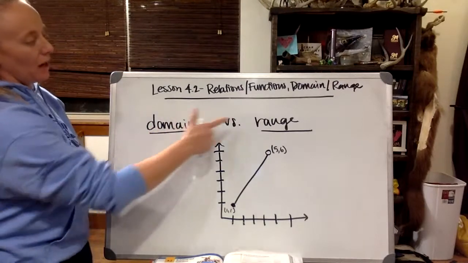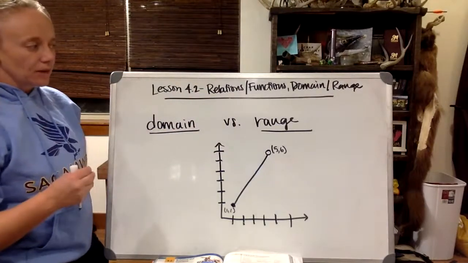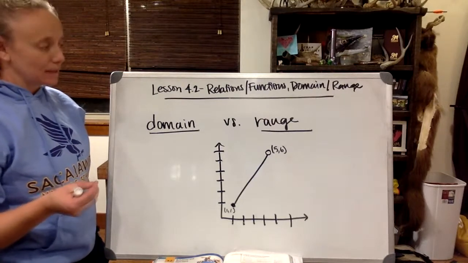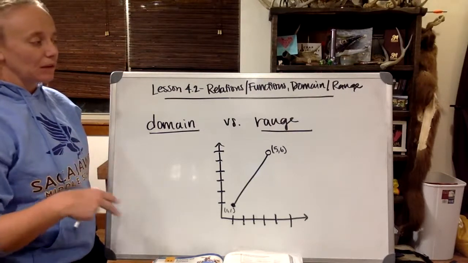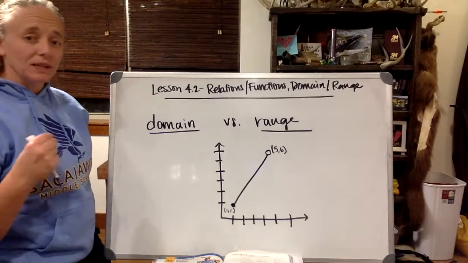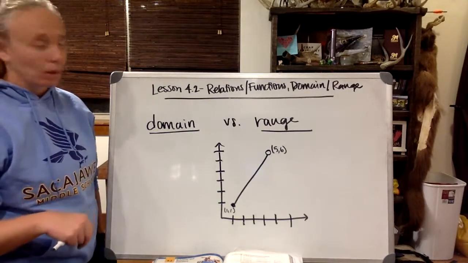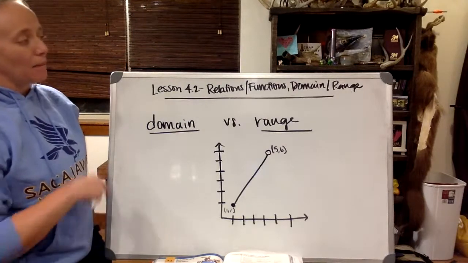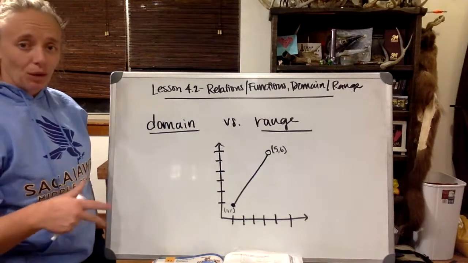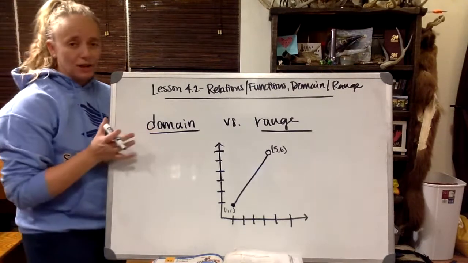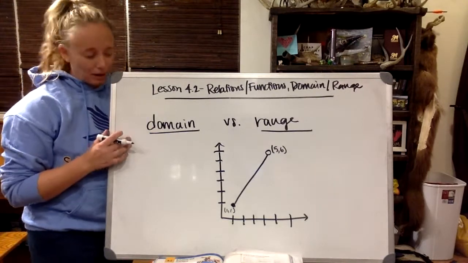So, domain versus range. These are very specific words that we use specifically with functions typically, but you'll get used to me asking you questions like, what is the range of this function? Or what is the range of this equation? What is the domain of this equation? On a very regular basis throughout this whole year. Domain and range are just other words for concepts you already know.